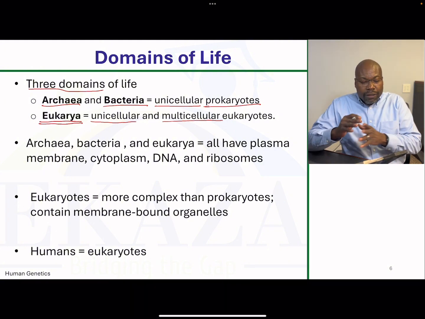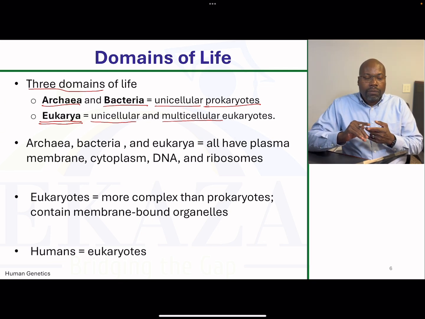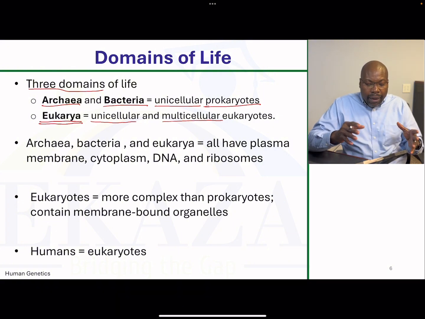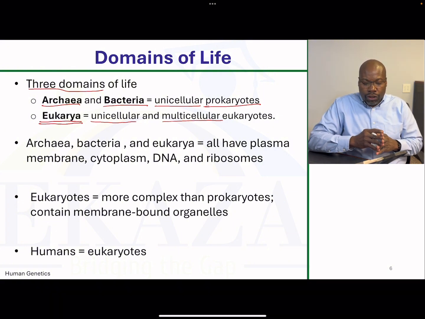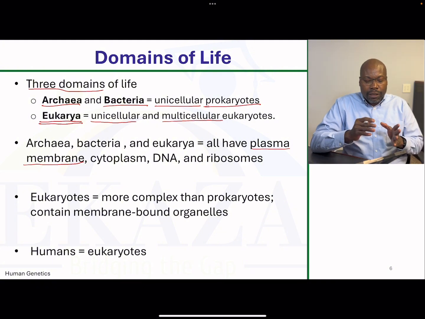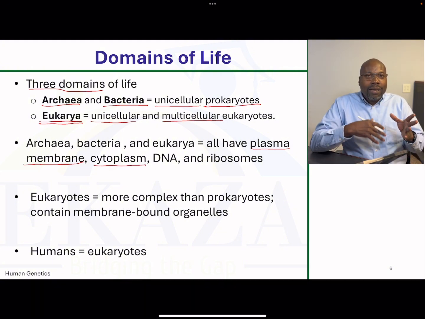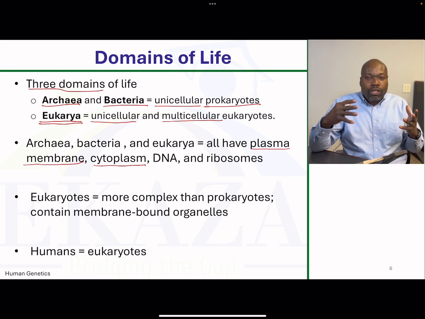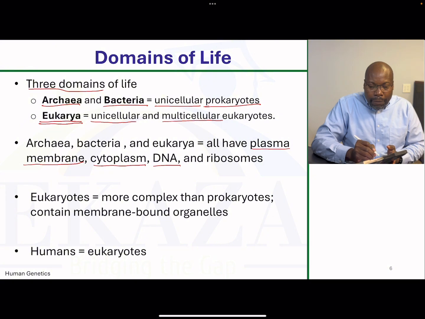Now, all cells, whether you are an archaea, bacteria, or eukarya, are going to be made up of a minimum of structures. That minimum includes the plasma membrane that sets up the limit of the cell, the cytoplasm, a semi-fluid substance where reactions occur inside of the cell, and DNA.